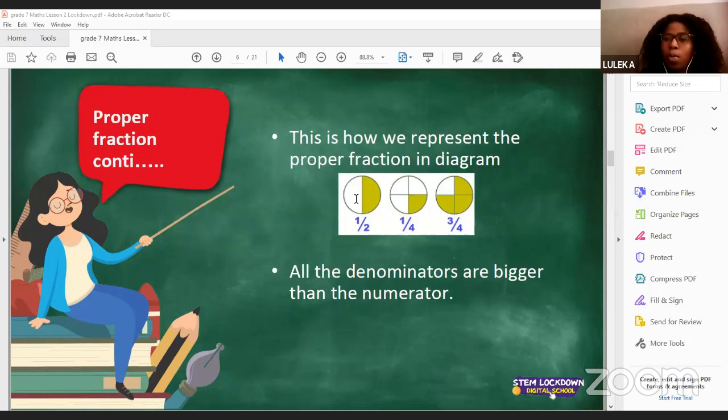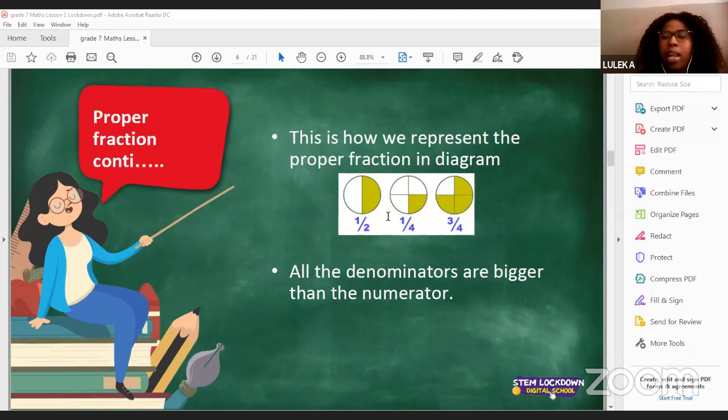We know that a fraction is a whole that is cut. The whole circle is a whole number, so once you cut it, we have a fraction. The first one is already written there: 1/2, so our numerator is 1. We are busy with proper fractions, where the numerator will always be smaller than the denominator.